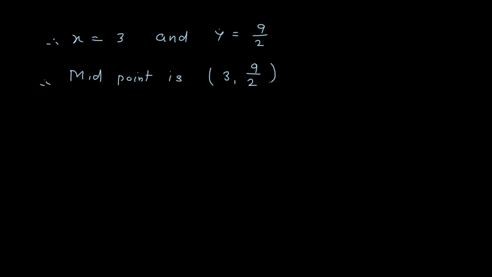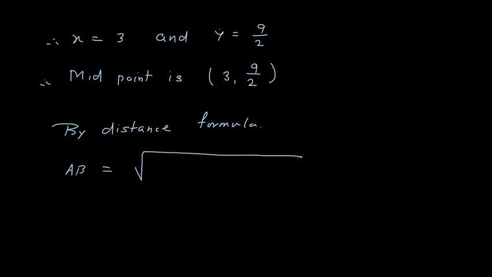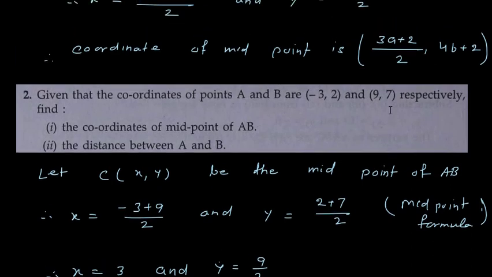distance of AB is equals to root of x2 minus x1 the whole square, that is 9 minus 3. So it is 9 plus 3 the whole square, plus y2 minus y1 the whole square, that is 7 minus 2 the whole square.